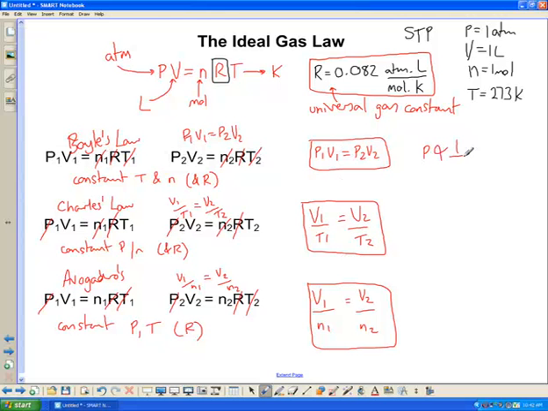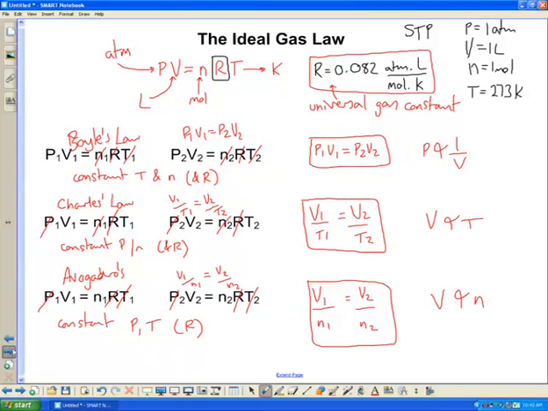Pressure is inversely proportional to volume. And when we go over here, we're saying that volume and temperature are directly proportional, which again is exactly what we saw in the previous video. And again, for Avogadro's law, when we cancel out all the things that are constant, volume is directly proportional to number of moles, which is again what we saw previously.